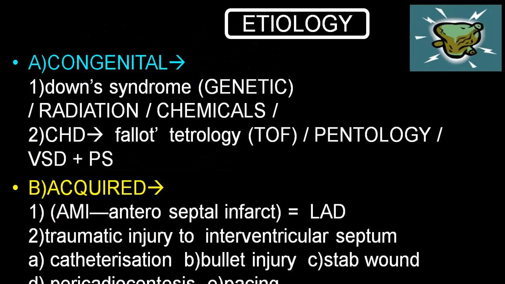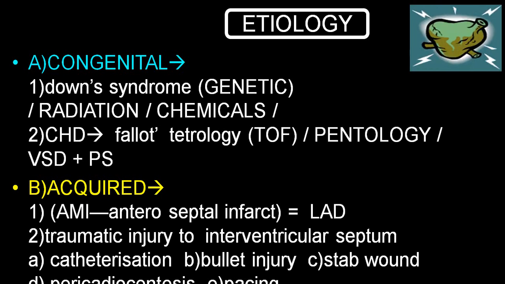Now, etiology wise we divide into two big groups. One, congenital. The commonest cause of congenital, which is also there in ASD, is Down syndrome, trisomy 21. Or it may be secondary to radiation or teratogenic drugs or chemicals consumed during pregnancy.